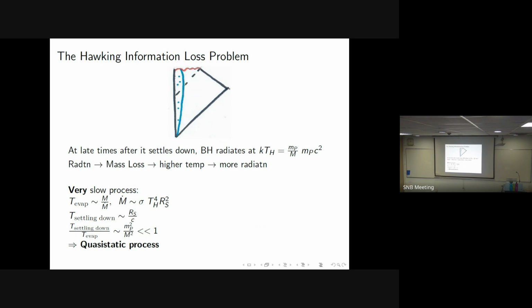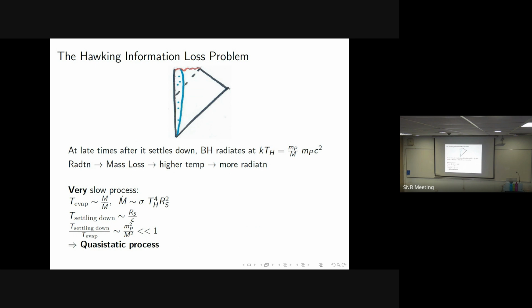Now, there is another time scale, which is that you imagine that the black hole radiates, and then it settles down. How quickly will it settle down? That time scale is roughly the time scale at which one part of the black hole communicates with the other. So, if you take the size of the black hole to be the Schwarzschild radius, and you say that, well, general relativity, gravitons, etc., they are massless objects, so you can put the speed of communication as the speed of light, and the time scale is this Schwarzschild radius divided by the speed of light.